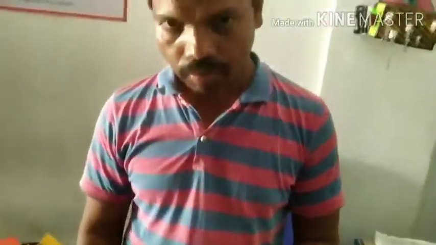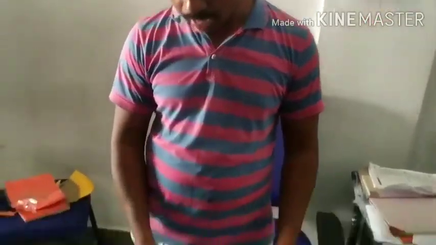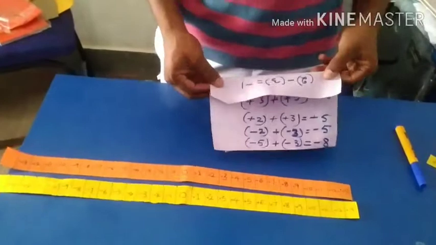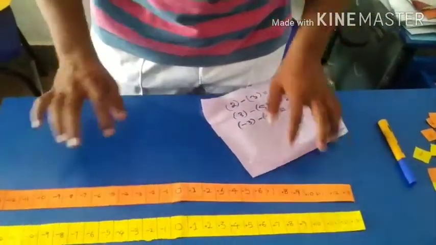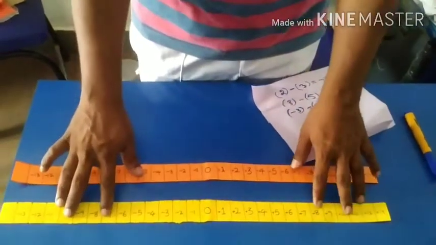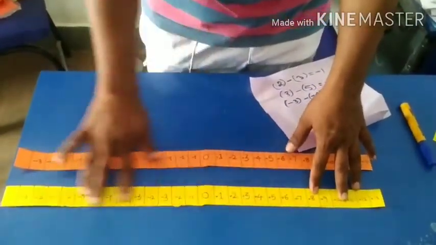So now we are going to see subtraction of integers. How to subtract by using the same strips. When you are subtracting, both should be in the same order. The orange strip is here and the yellow strip should not be reversed, just like this.